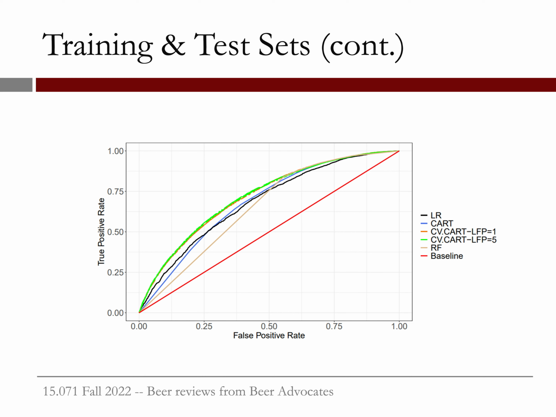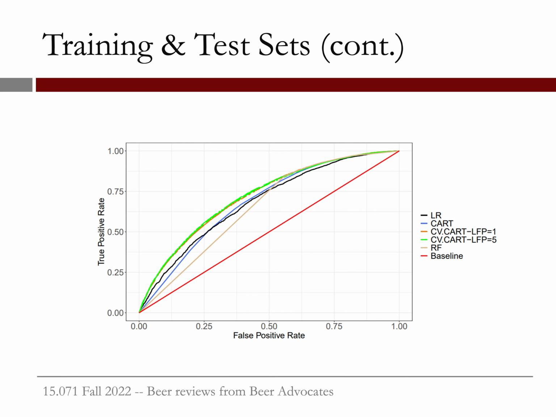So when looking at all of our models in comparison, really the CART where we applied the cross-validation and the LFP term of 5 gave us our best results. It had a 42% accuracy and a false positive rate of 0.06, which is what we were going for, while still maintaining a 0.21 true positive rate.